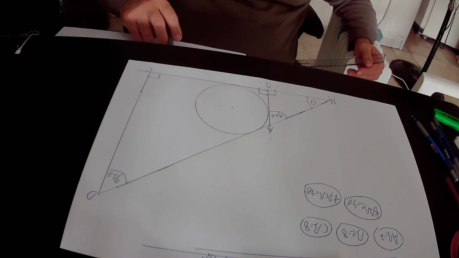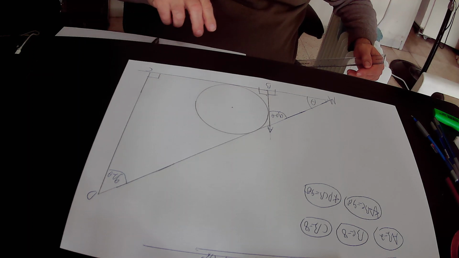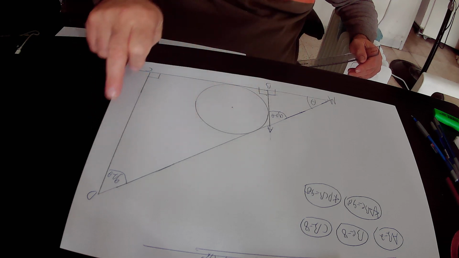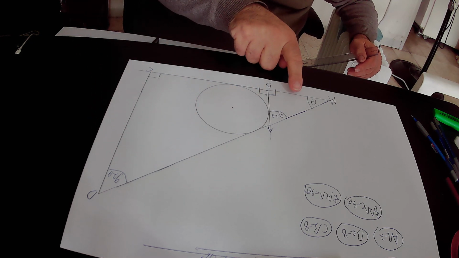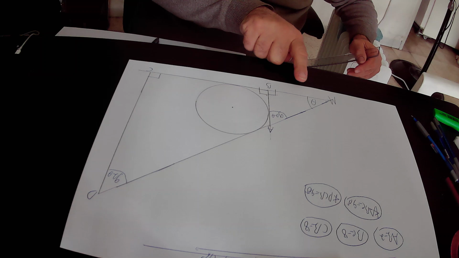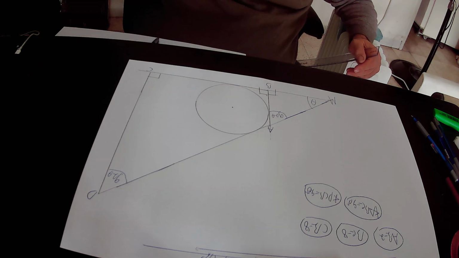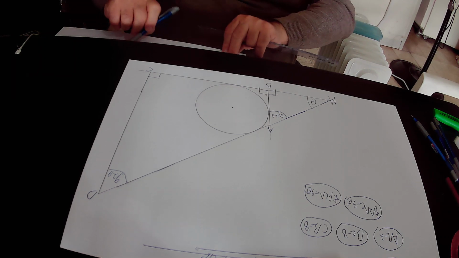In the next step, we'll prove that the right big triangle MDC is similar to the right small triangle MBA. So I'll write it down.